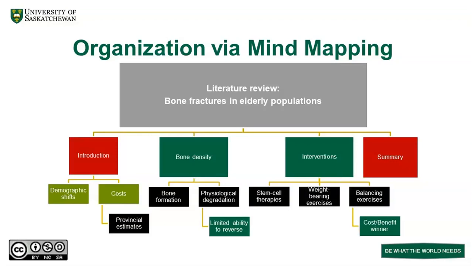So at this stage of the research process, as we start to move into the writing process, we still want to have that sense of flexibility in how we conceptualize what that final product might look like.